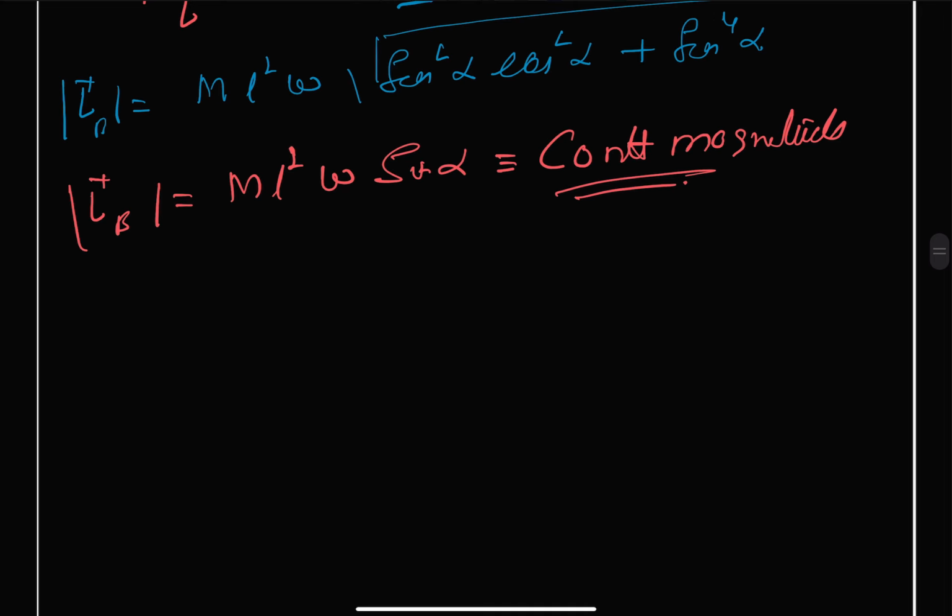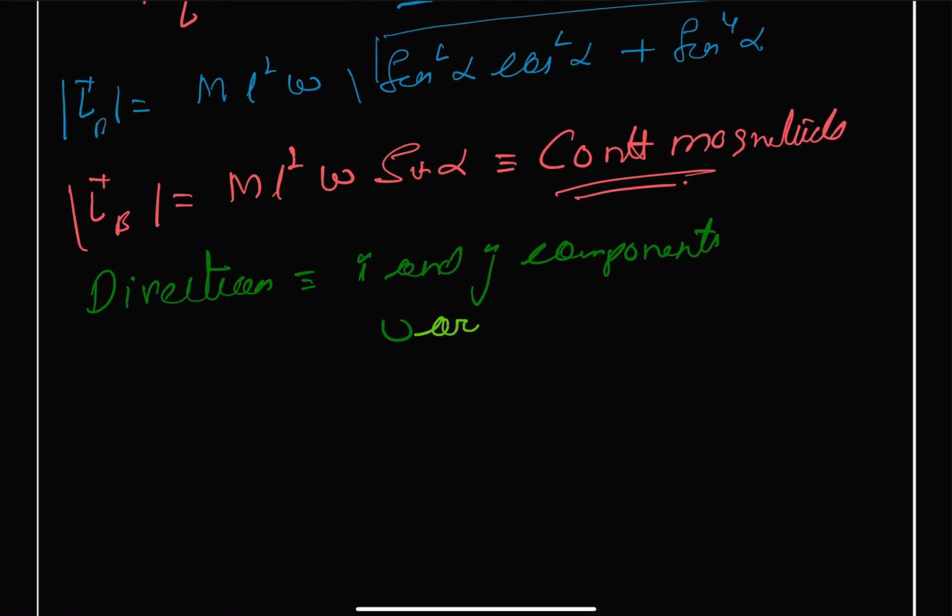So we can say magnitude is constant, but direction, I and j unit vector components vary with time.